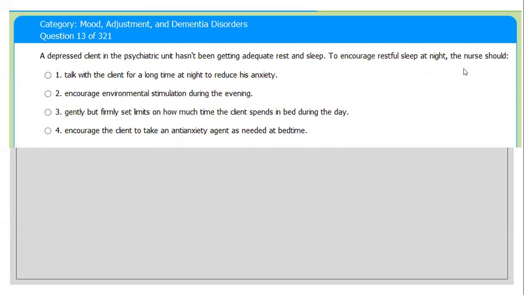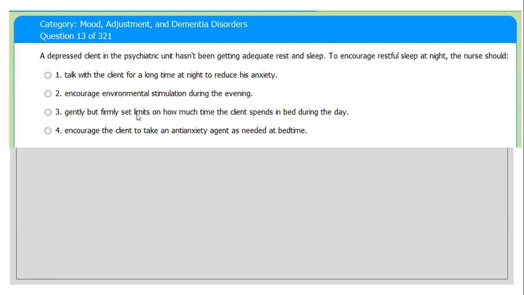This question is about psychiatry, mood adjustment, and mental disorders. Number 1, talk with the client for a long time at night to reduce his anxiety. Number 2, encourage environmental stimulation during the evening. You say encouraging stimulation? No.